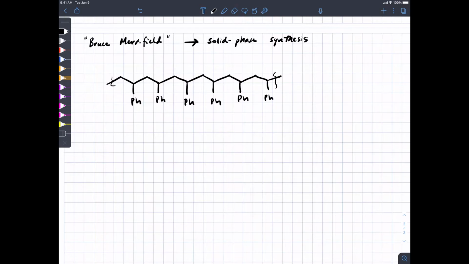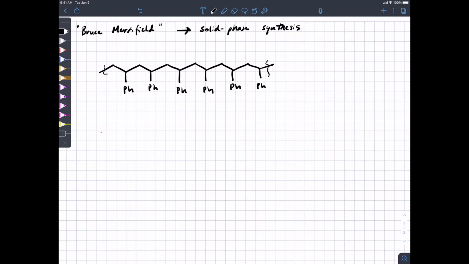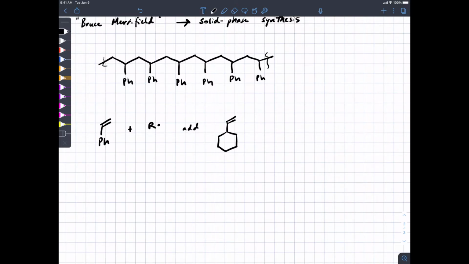And so Merrifield had this really cool idea, which was, what if while I'm making polystyrene via radical polymerization, here's a radical initiator. You guys learned a little bit about radicals in 351. But what if I add, in addition to styrene, a small amount of a benzene ring that has a functional group on it that I could do stuff with in subsequent reactions, okay? So this is the benzyl chloride version of styrene, and that's a leaving group.